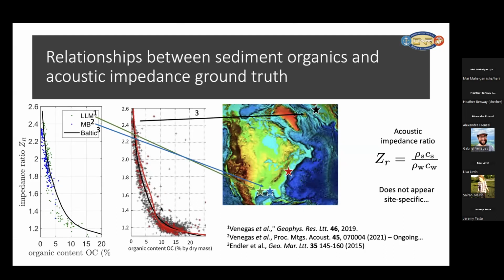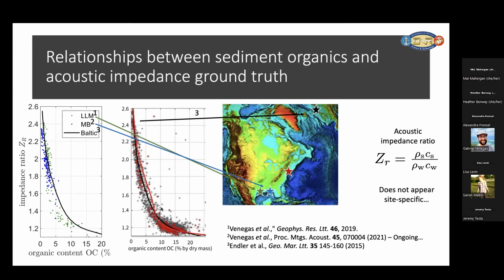I'm trying to build up that database to see if this is non-site specific. So far it points to maybe this site here in green, LLM, the Lower Laguna Madre, a hypersaline lagoon that has a lot of Thalassia testudinum, seagrass and turtle grass. That's where we first found this relationship back in 2019.